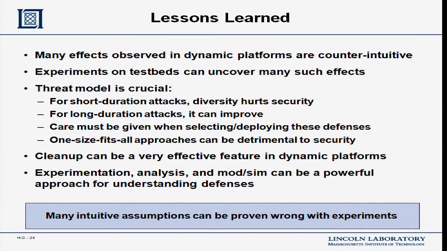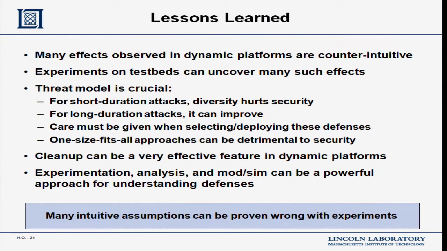Another finding was that cleanup can actually be very effective, and more techniques must support a cleanup feature in order to provide more benefit. And last but not least, experiments, analytic evaluation, and modeling and simulation can be powerful tools in measuring the security of different security mechanisms.